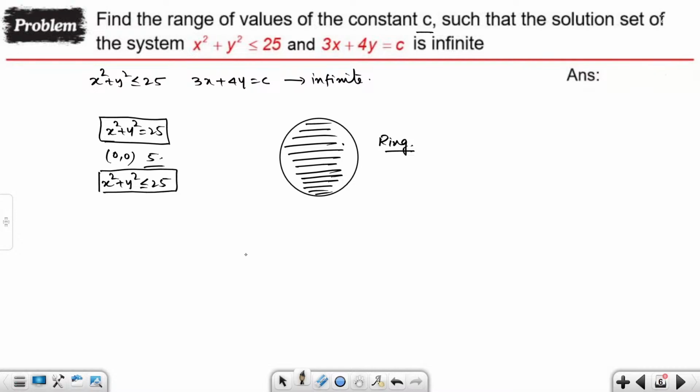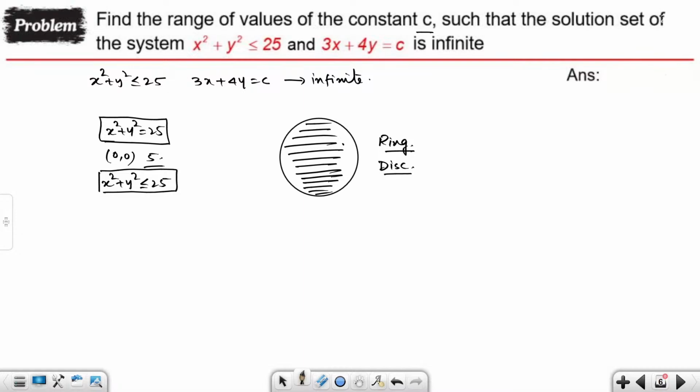It means we are talking about all the points inside the circle as well as on the circumference. And this is what is called your disk.